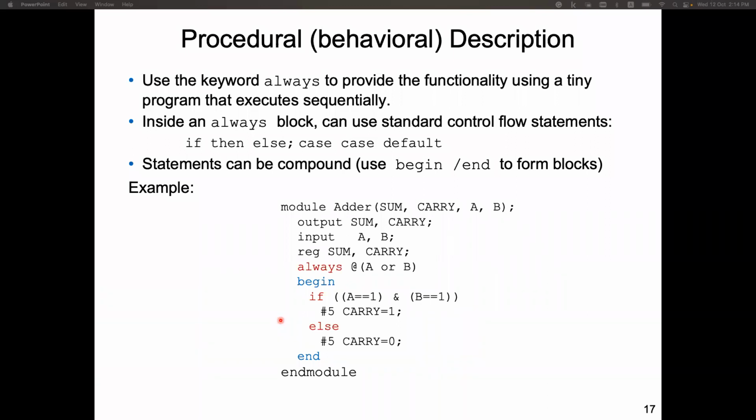Okay, so that's the behavioral or procedural description. Procedure starts with always. So now we have 3 methods: one is structural, one is data flow or declarative, then this procedural description for the same function.